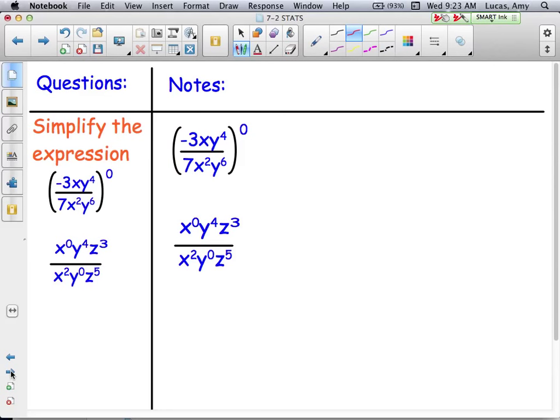2 more. This first one, hopefully you look at it right away and you can tell it equals 1. This second one, x to the 0 power is 1, so is y to the 0 power. Multiplying by 1 doesn't change anything, so I am just going to eliminate that part and then expand this to simplify.